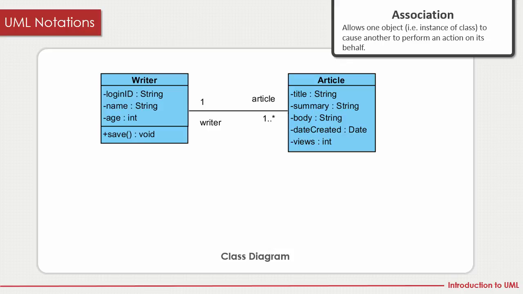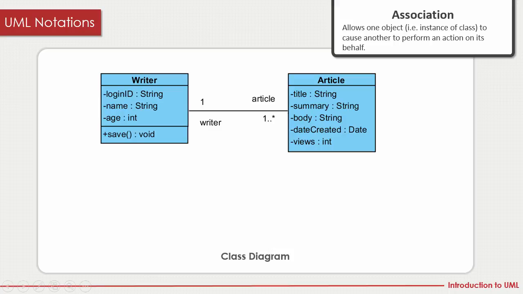Then we come to a very important notation, the associations. The associations show the relationship between different classes. It's about how to navigate between them, connecting one class to the other. In this case, you see the writer will have multiple articles. Otherwise, it's not a writer anyway.